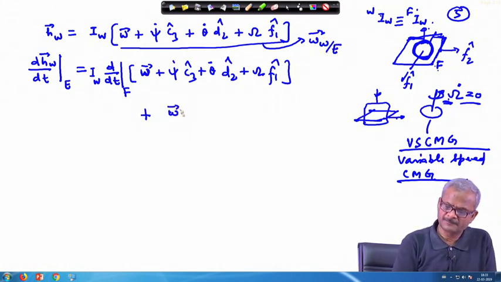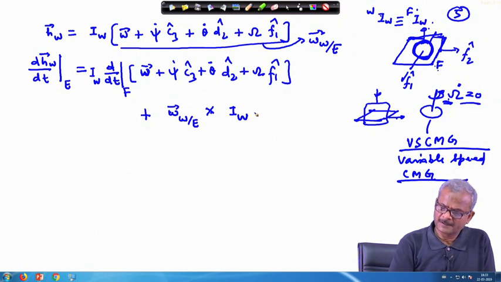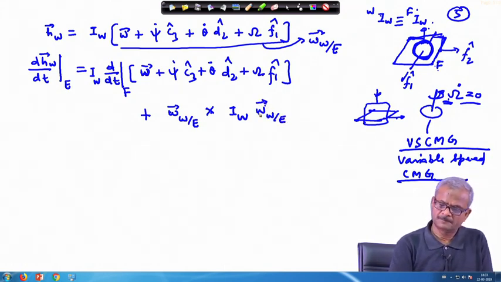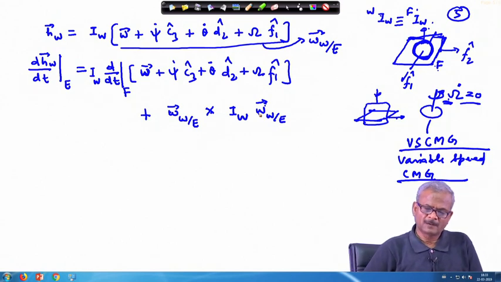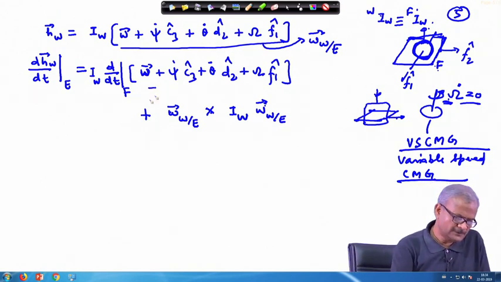So, here this will come as omega wheel with respect to E frame cross I wheel times omega wheel. This term we need to expand here.